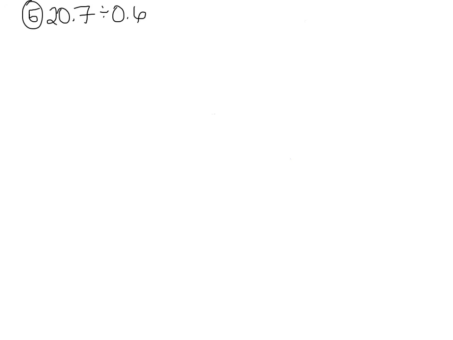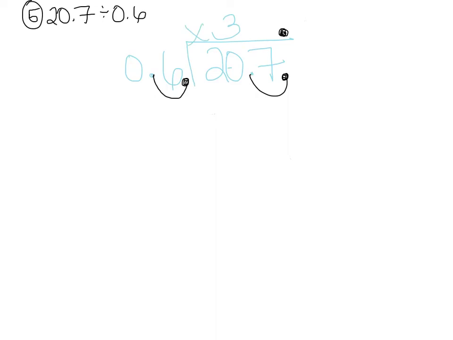All right, number 5 is 20 7/10 divided by 6/10. Your first number goes inside. Okay, I'm going to change this, move it over once, move this over once. I'm going to go ahead and put my decimal point up there, and I'm ready to divide. I'm going to divide this as if it's 207 divided by 6. 6 goes into 20 3 times.